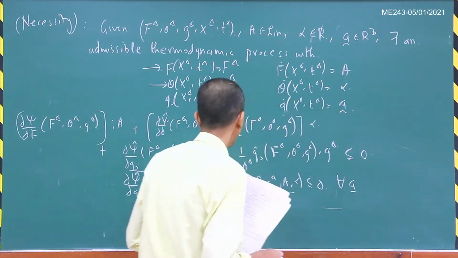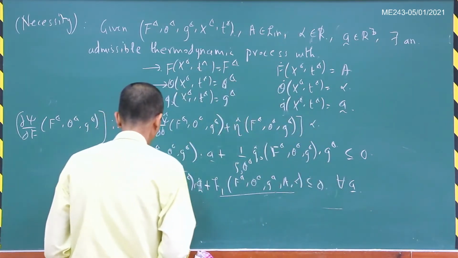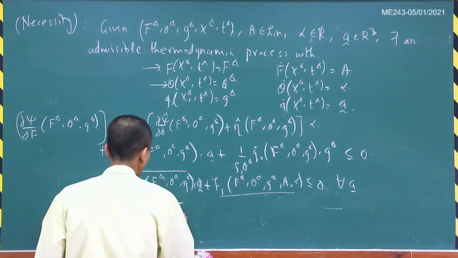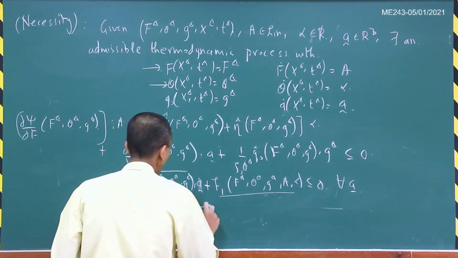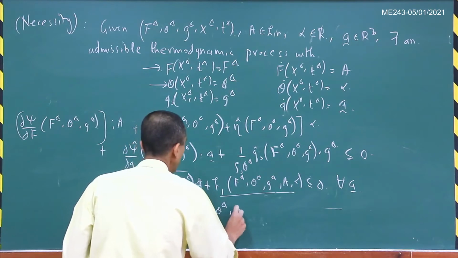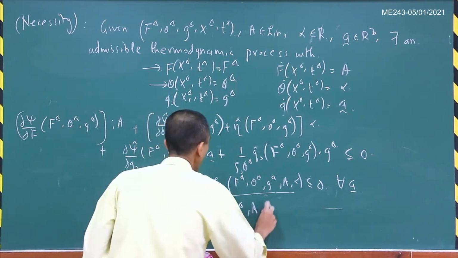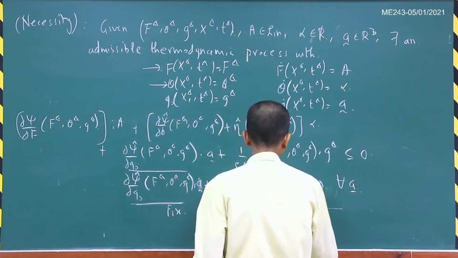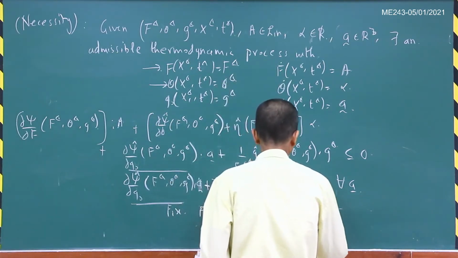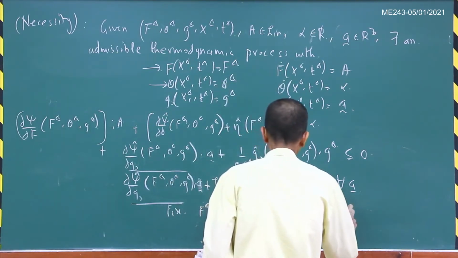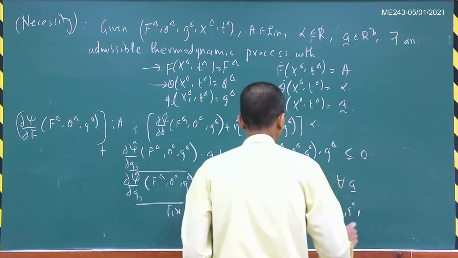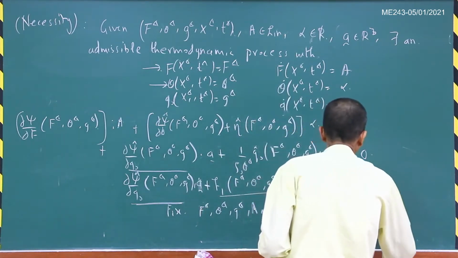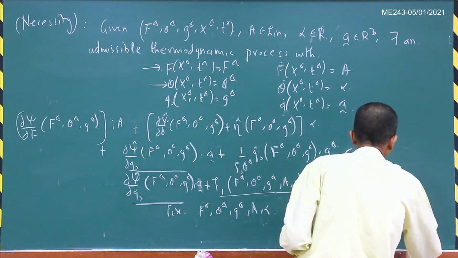Okay, so let us first write this. Fix F diamond, theta diamond, G diamond, a and alpha. Then this f1 of F diamond, theta diamond, G diamond, a, alpha is equal to some constant.